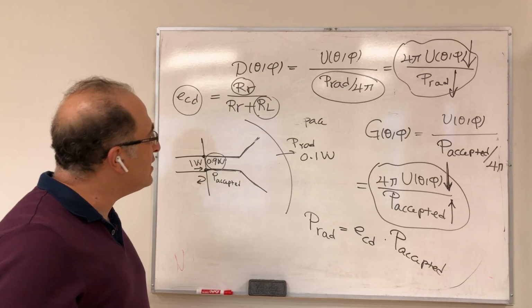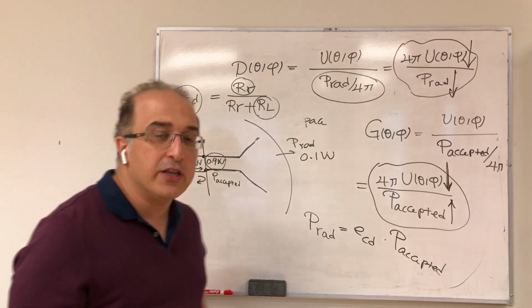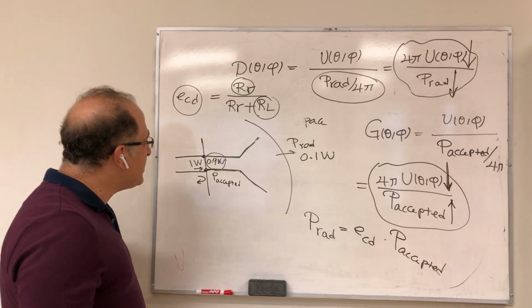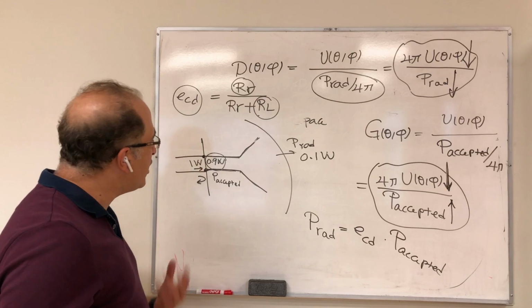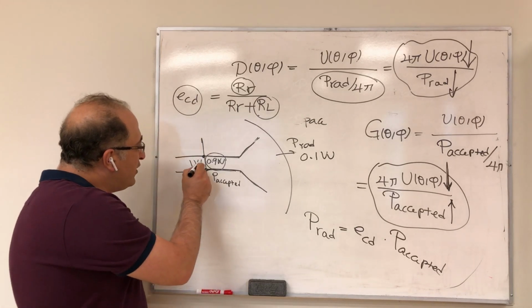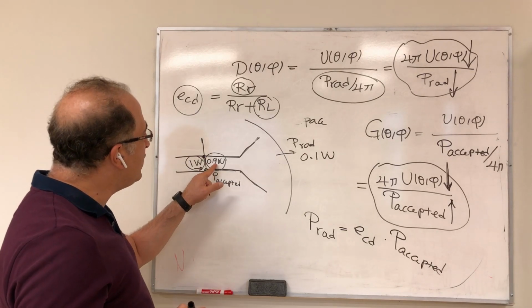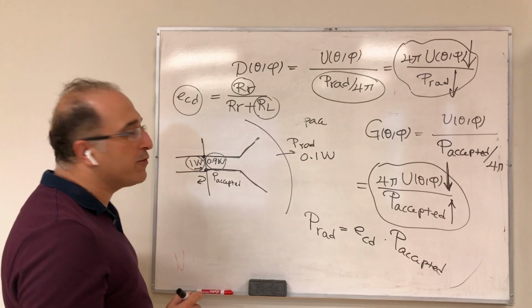The other thing is that we have another definition for gain, which is called absolute gain. And in the case of absolute gain, we're going to change the reference to this power. So instead of going with 0.9 watt, we're going to go with this one, for example.